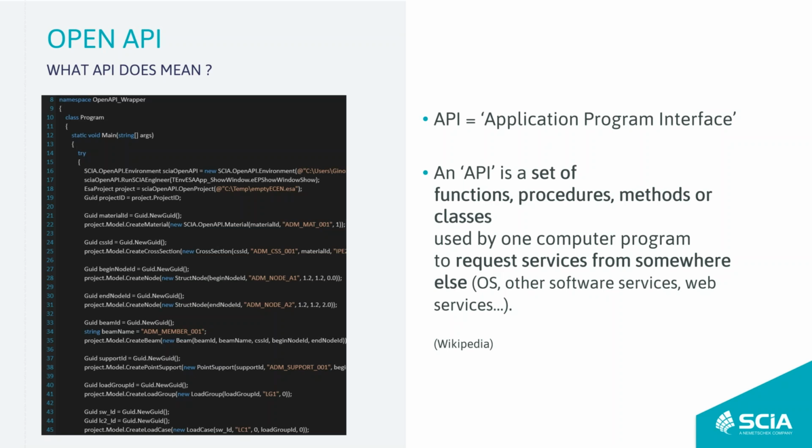It's an application program interface, and that's, let's say, a set of functions, procedures, or methods which are used by one computer program to request services from somewhere else. That's what is stated on Wikipedia, and I use this quotation to start the second part of this presentation, which will be focused on our OpenAPI.